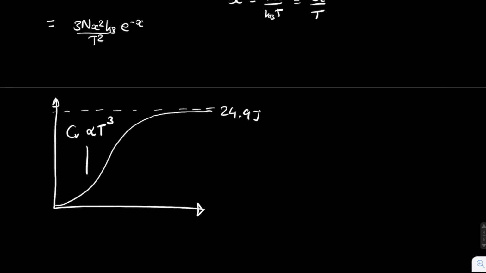Now, the Debye model is a very different approach to heat capacity. Rather than calculating the partition function and then from that calculating the internal energy, we actually have to introduce this idea of what's called a phonon. And this will be covered not for a little while yet. It will be covered in my series of videos that I'm planning to do on condensed matter physics.